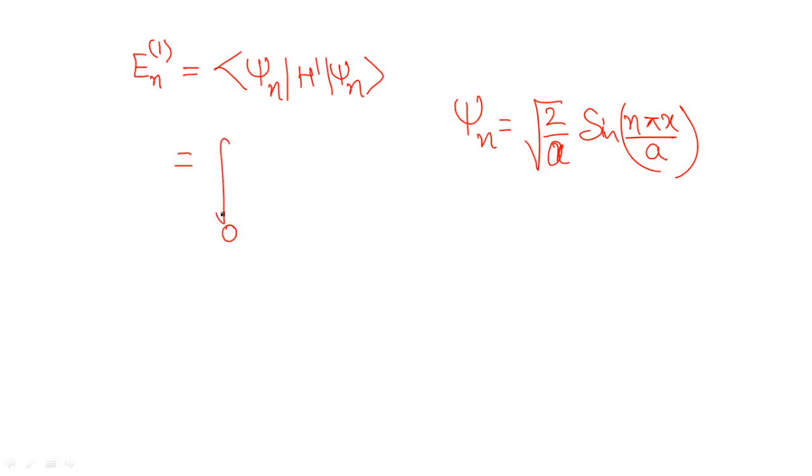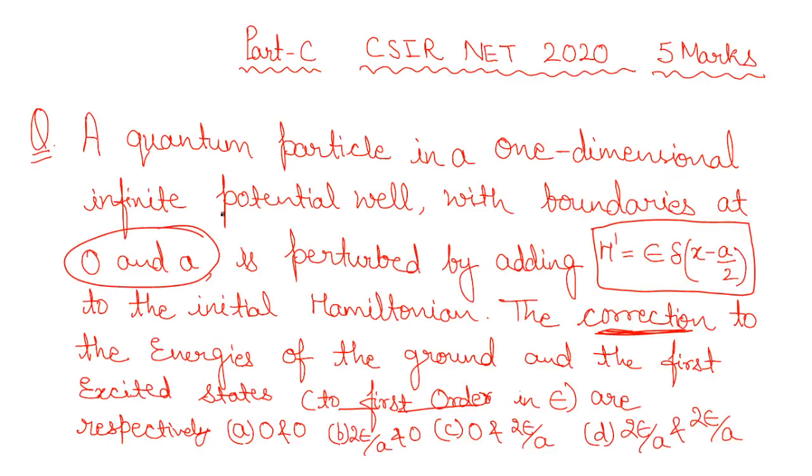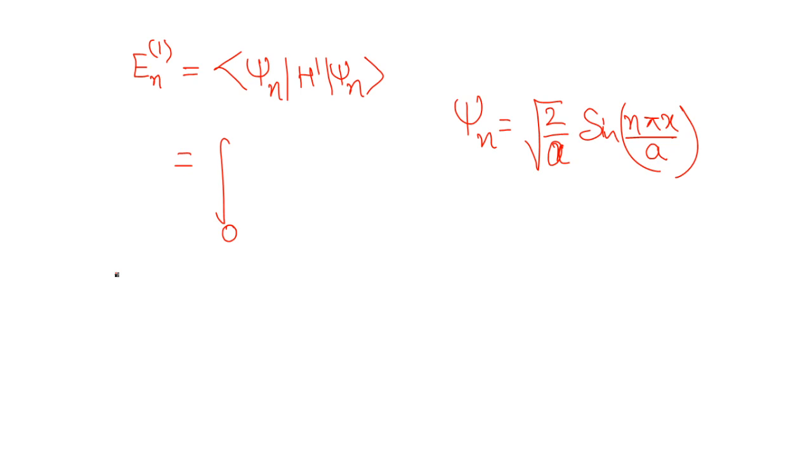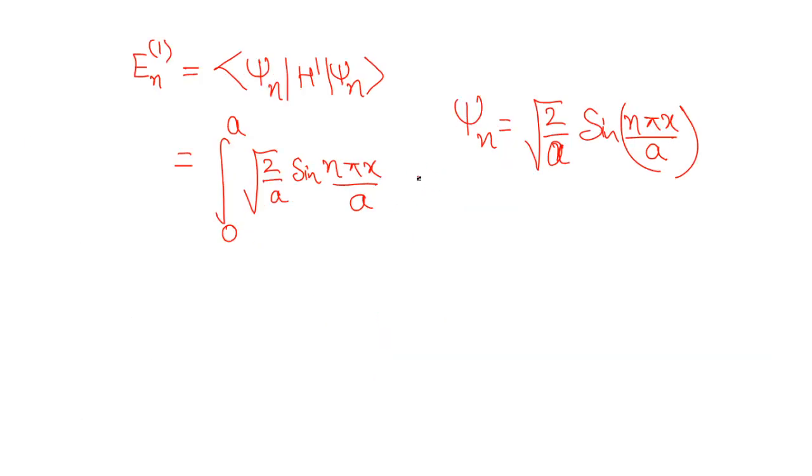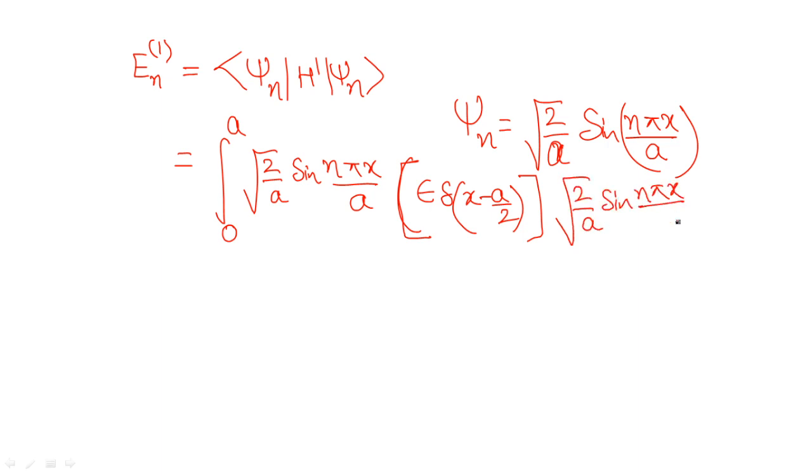Limits have not been given for the region where the perturbation is applied, so you take the complete limits of the potential well, 0 to A. Root 2 by A sine n pi x by A, then H dash, the perturbation epsilon delta x minus A by 2, then root 2 by A sine n pi x by A. Since the wave function doesn't have iota in it, you don't need to make any changes when writing it for this vector; you just write it directly.